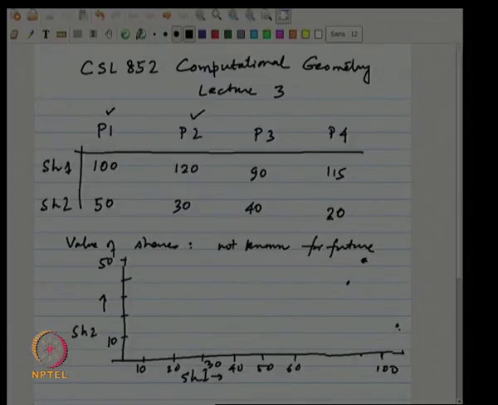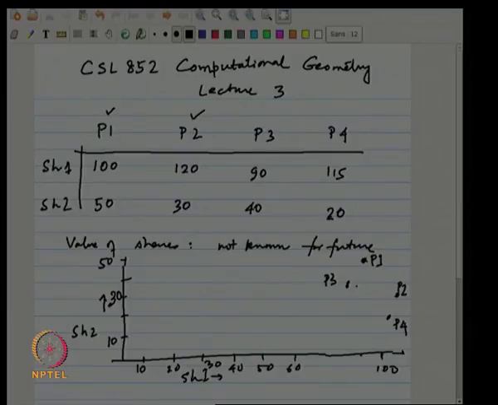So, P1 is 100 and 50, and P2 is 120 and 30. So, it is about here. This is P2, this is P1, this is P3, and P4 is 115 and 20, so somewhere here this is P4. Sorry, the example is that all the points are clustered on this end.